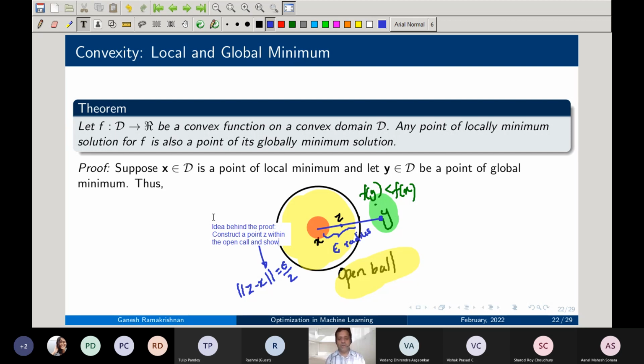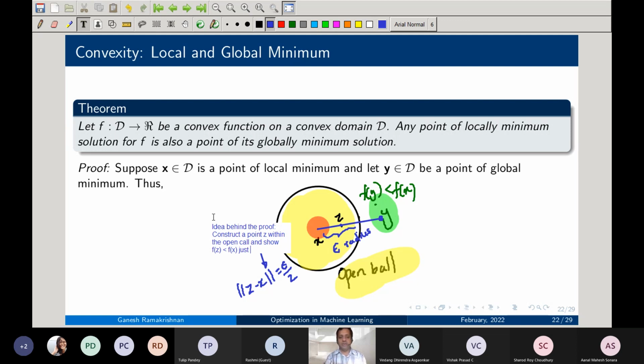And what we are trying to show is that the function at the point Z will evaluate to be less than that at X. But X is the point where we have a local minimum within the ball itself. Why? Because you are claiming there is a Y which is different from X, which is a global minimum.